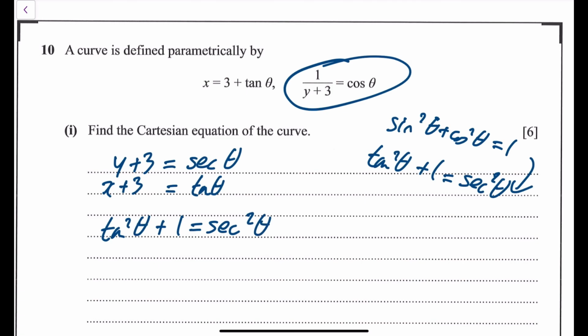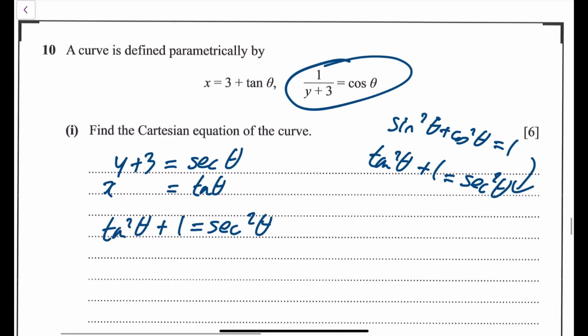Oh sorry, that should have been tan is equal to x minus 1. Apologies, tan is equal to x minus 3. So then if we put that in, that's going to be x minus 3 squared plus 1 is equal to, then the sec squared is y plus 3 squared.